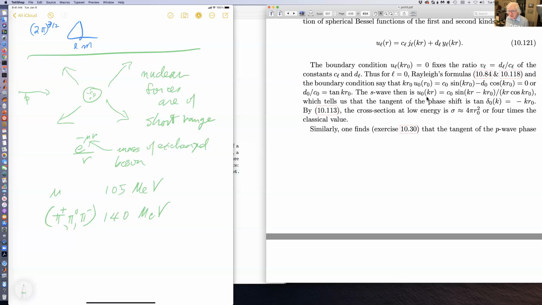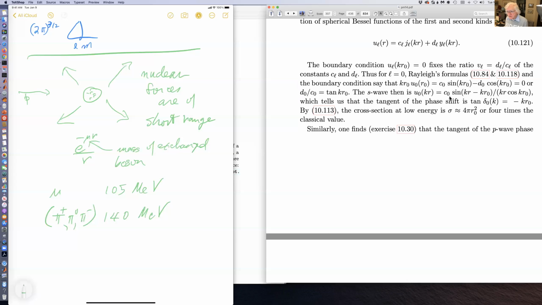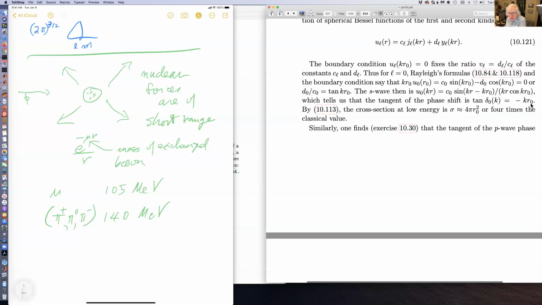So the S wave has U0(kr) equal to C0 sine of (kr minus kr0) divided by kr cosine. There was a little arithmetic, or trig, here. The phase shift has a tangent that's minus kr0, and the cross section at low energy is 4 pi r0 squared.